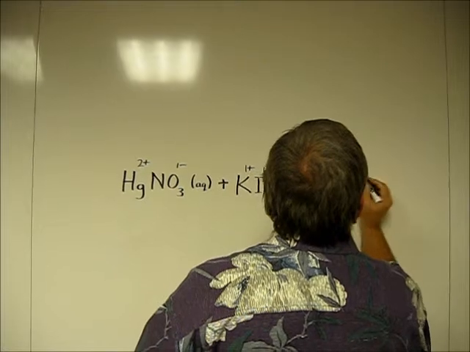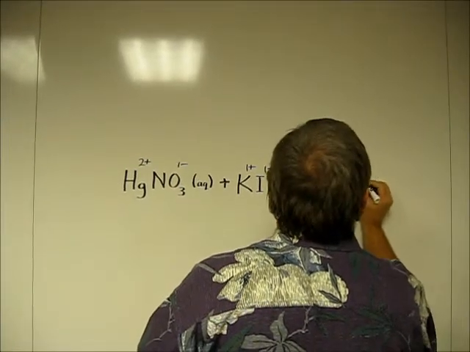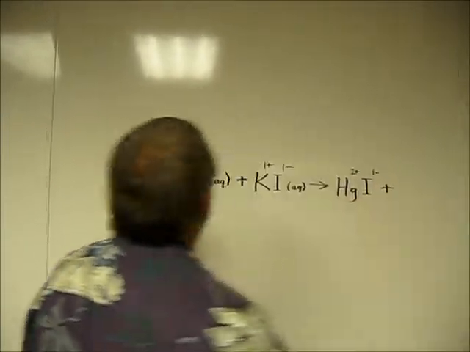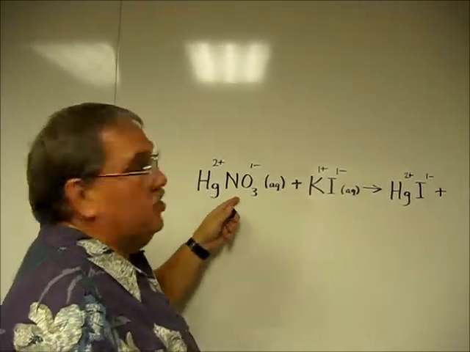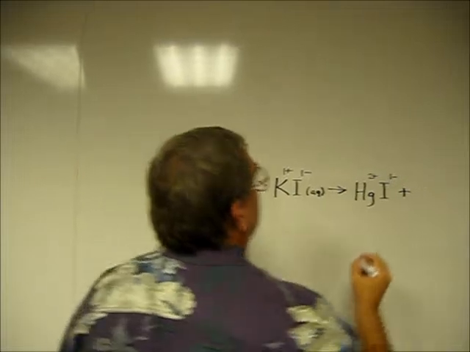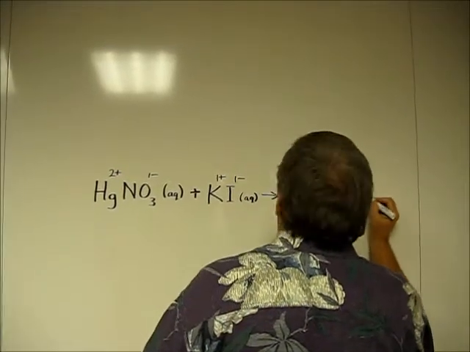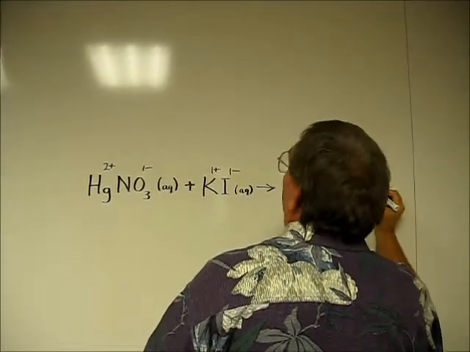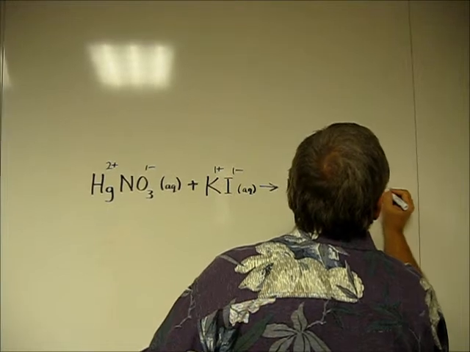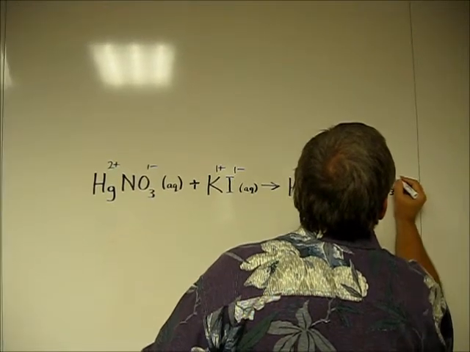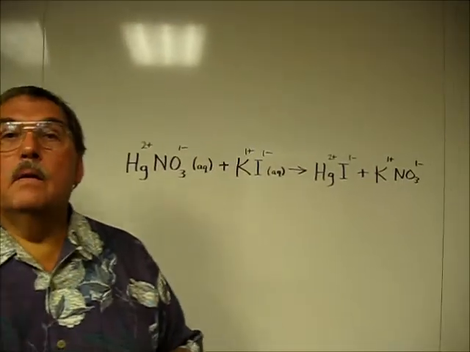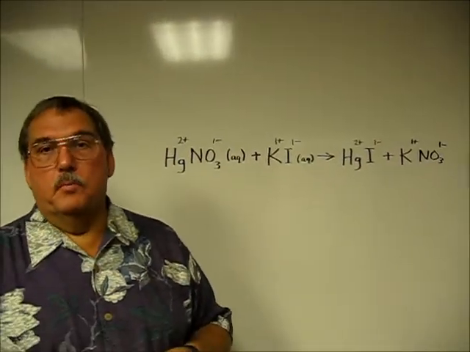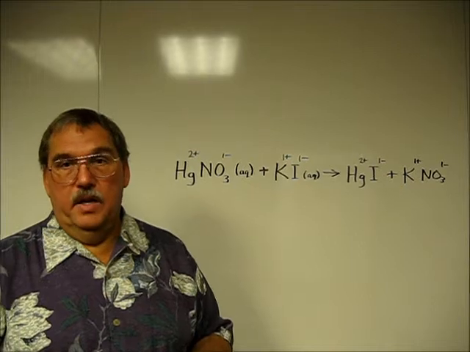Go ahead and add the charges. And we will take the potassium cation and exchange it with the nitrate anion. That's what is performed in step 1, simply an exchange of the ions.